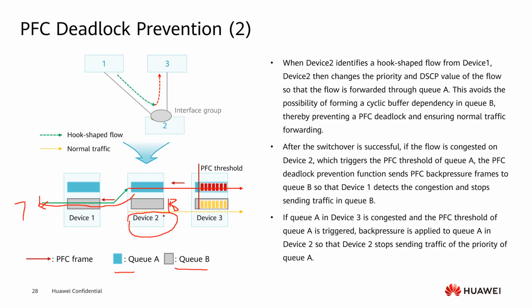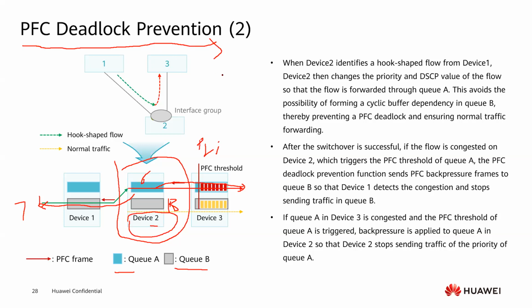When the packet is received by device 2, device 2 will change the priority to 6 and then send the packet to device 3. Because we have changed the priority at the middle device, the PFC deadlock is prevented. Okay, that is the PFC deadlock prevention.